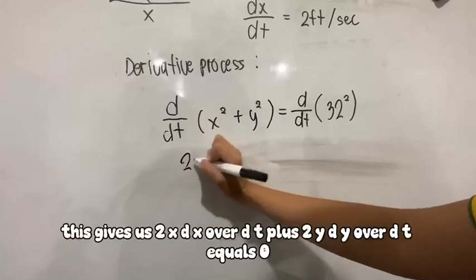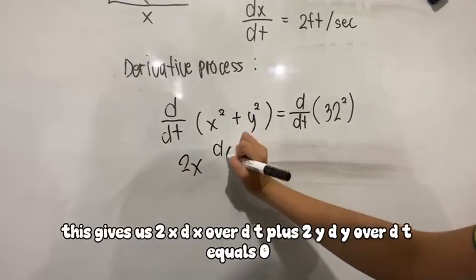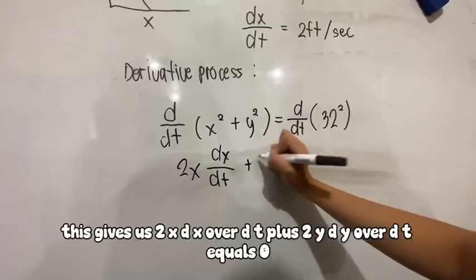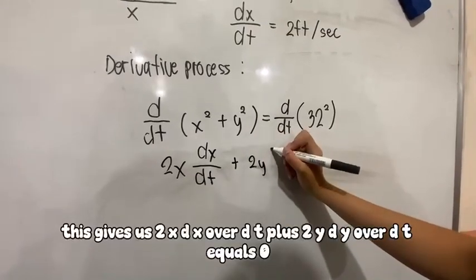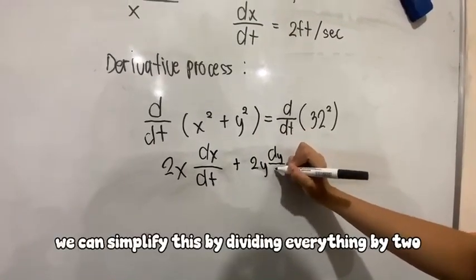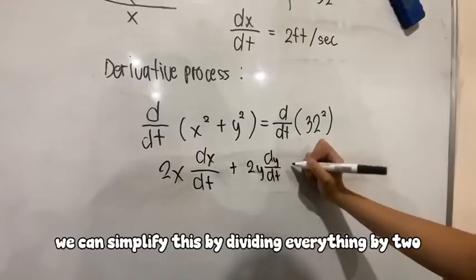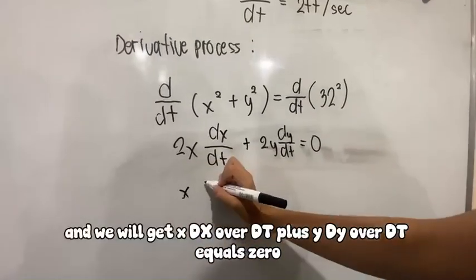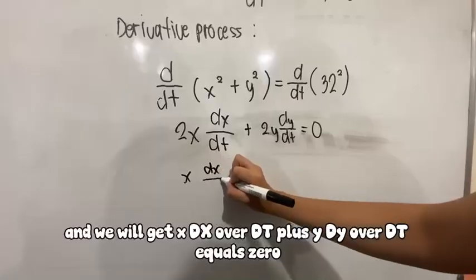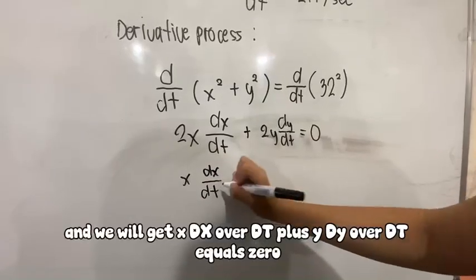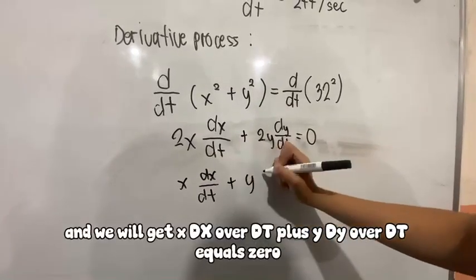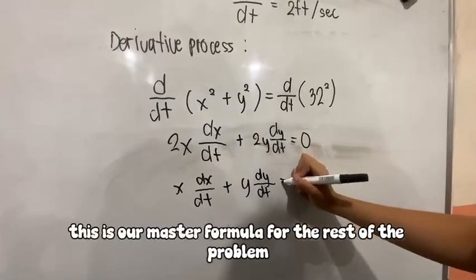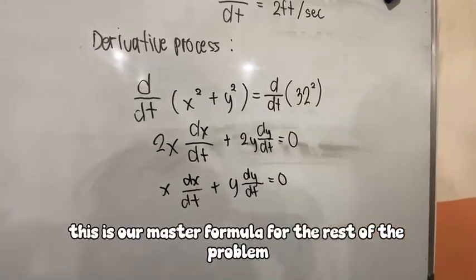This gives us 2x dx over dt plus 2y dy over dt equals 0. We can simplify this by dividing everything by 2, and we get x dx over dt plus y dy over dt equals 0. This is our master formula for the rest of the problem.